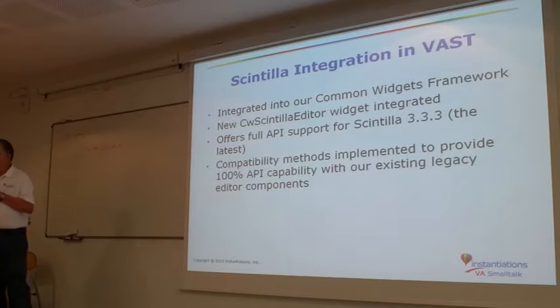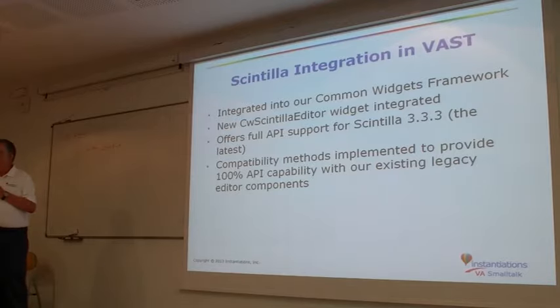So we took the Scintilla functionality, which is delivered as a DLL, and we integrated it with our Common Widgets framework. This is the API that's common across all platforms. Underneath it, there's a platform-specific set of functionality to map that common API to the different platforms.